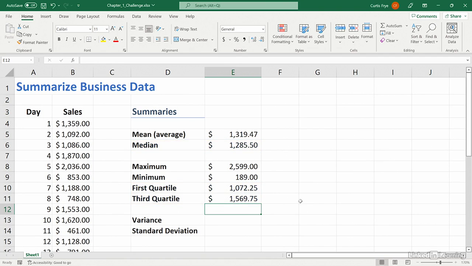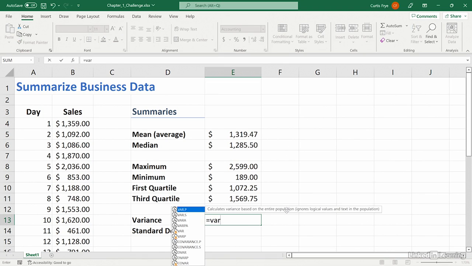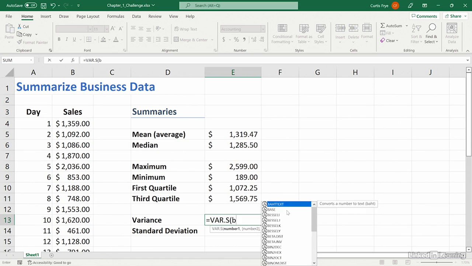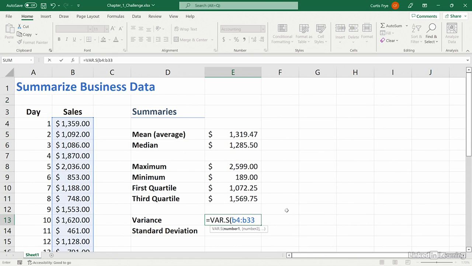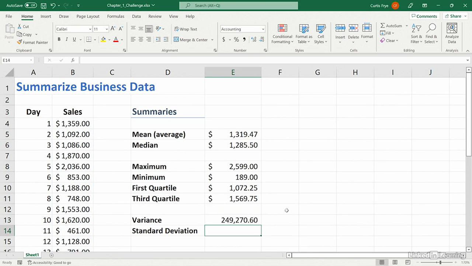Another way to analyze the spread of your data is by calculating variance and standard deviation. Variance, again, is the sum of the squared error divided by the number of items in the list. So I'll type equal, and then var, and I will use var.s, which is based on a sample. And then the range, again, B4 through B33, right parentheses and enter, and we get 249,270.6.